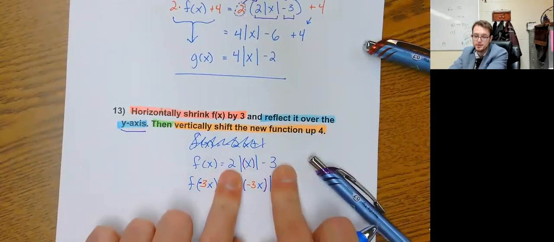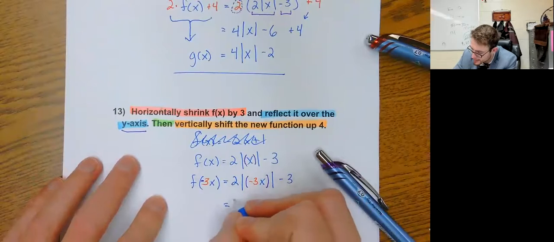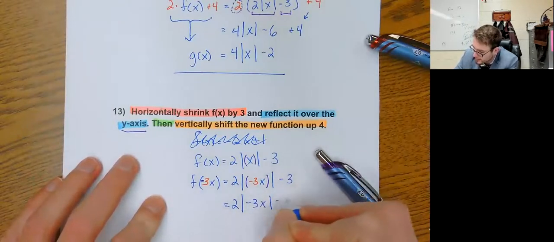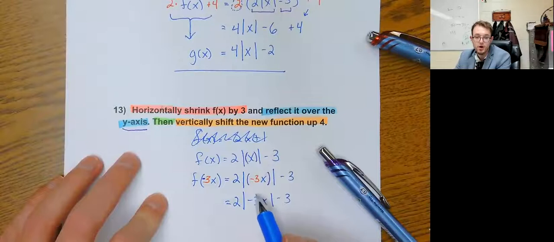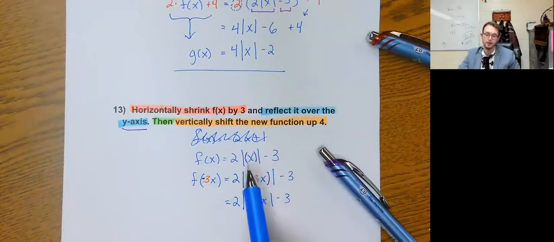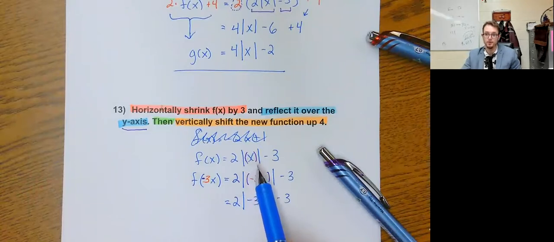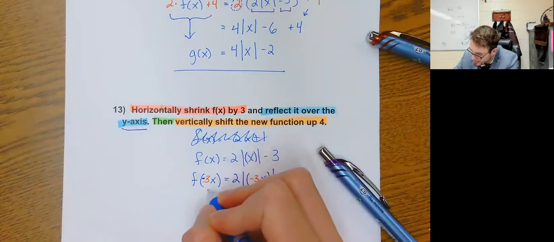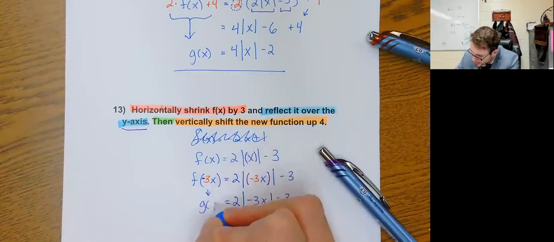So what really happens is this just becomes negative 3x, and that's it. It's redundant. It doesn't actually change anything. So this becomes g of x.